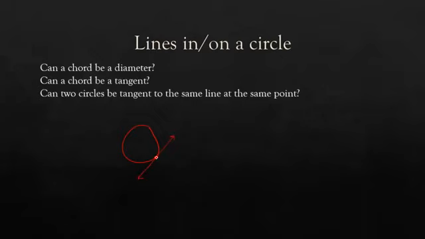Could I make another circle that uses the same point of tangency and the same tangent line? I sure could. I could make it on this side, or I could even make it on the inside. Remember, these are not concentric circles because they don't share the center point, but they are inside one of another. So yes, we could have two circles being tangent to the same line at the same point.